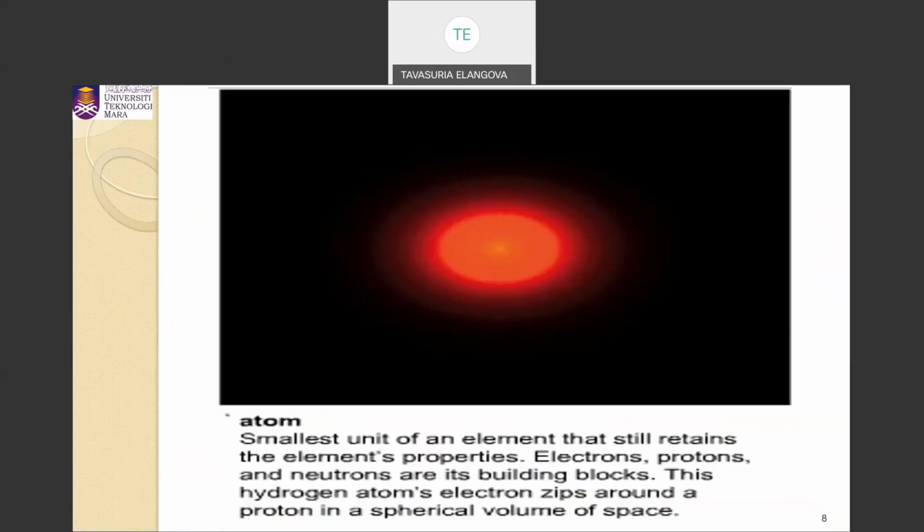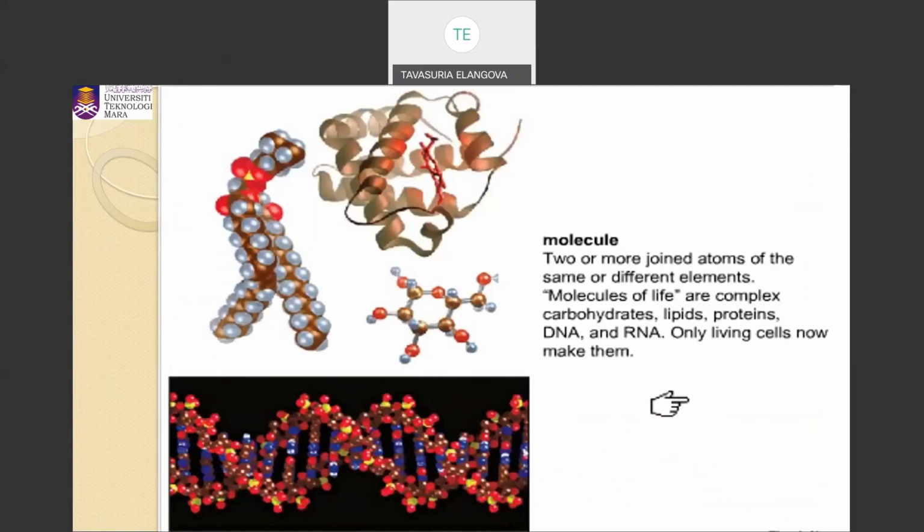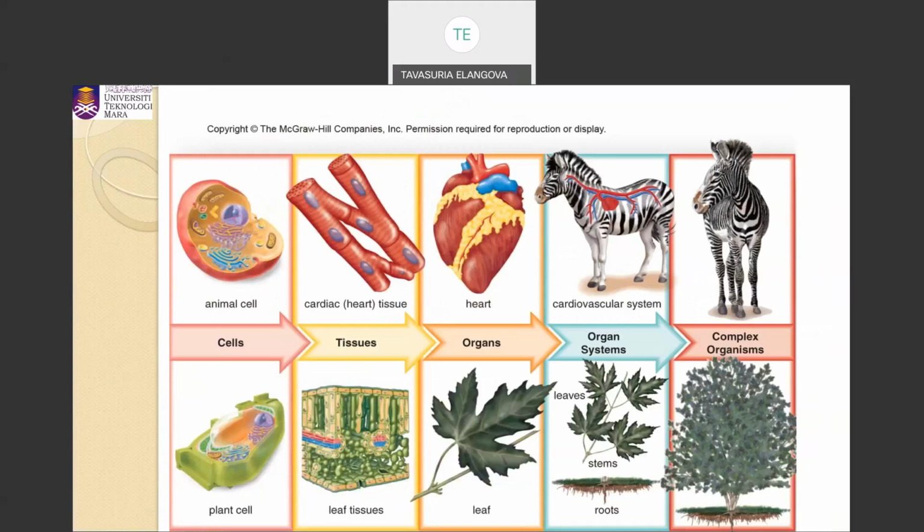These are examples of the atom. Then examples of the molecules such as carbohydrates, lipids, protein, DNA, and RNA. Then the molecules make up the macromolecules, and the macromolecules make up the organelles in the cell.